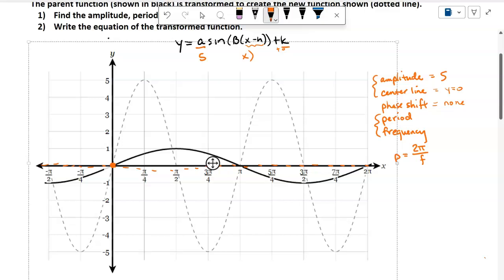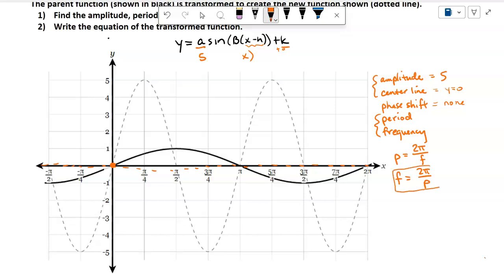We can manipulate this equation to convert the period to a frequency, and we would get the frequency is equal to 2 pi divided by whatever the period is. This is the one we're going to use because we're going to know the period and we're going to want to find the frequency.